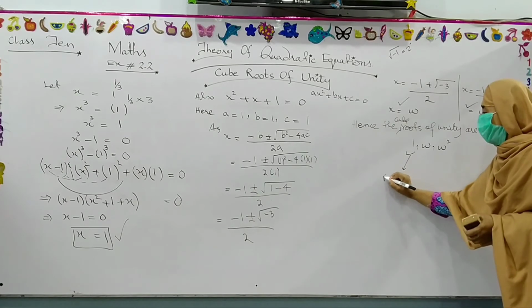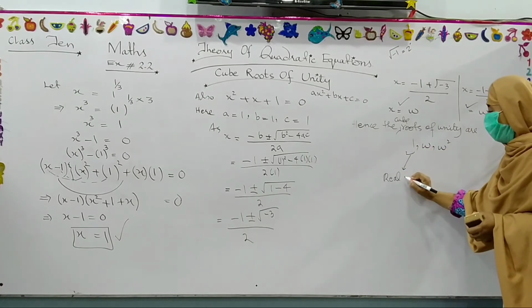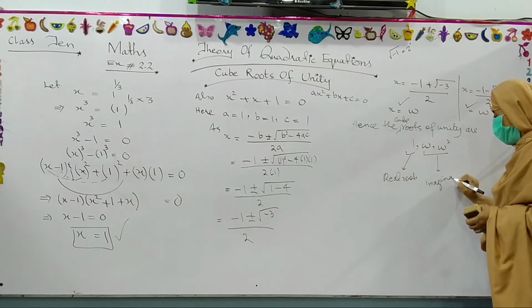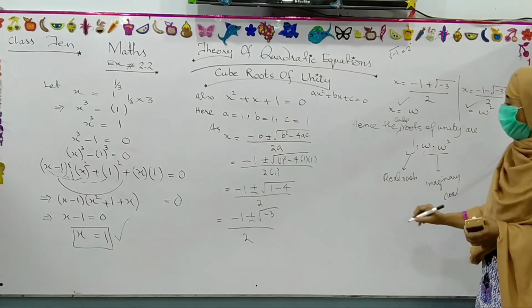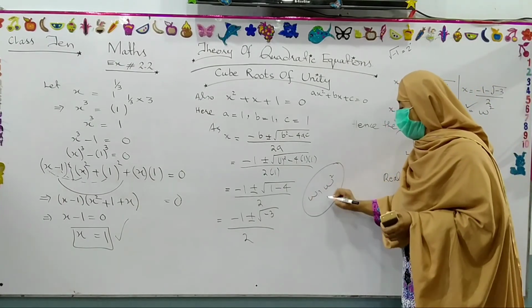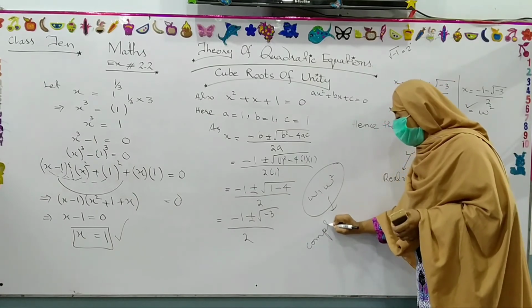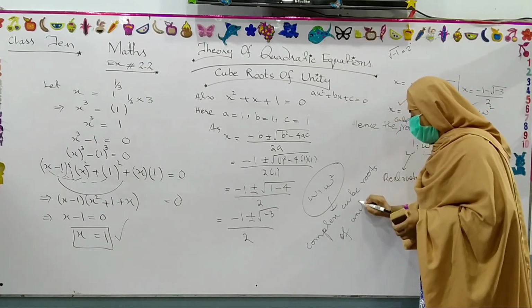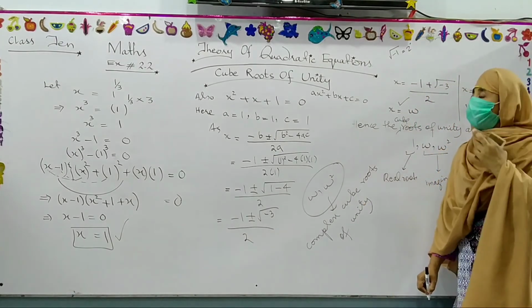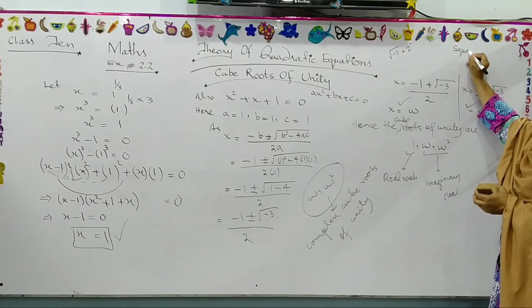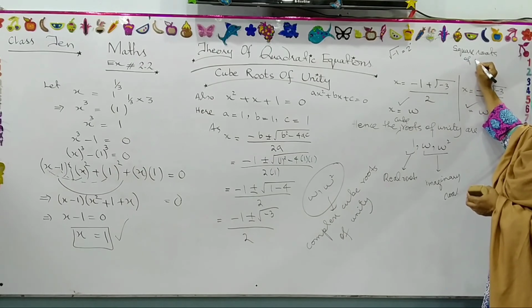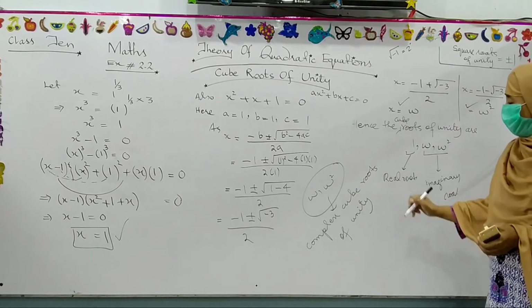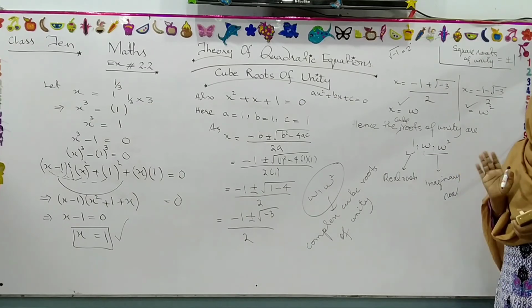This is the real root of unity, and these two roots are imaginary roots, omega and omega square. These are the cube roots of unity.